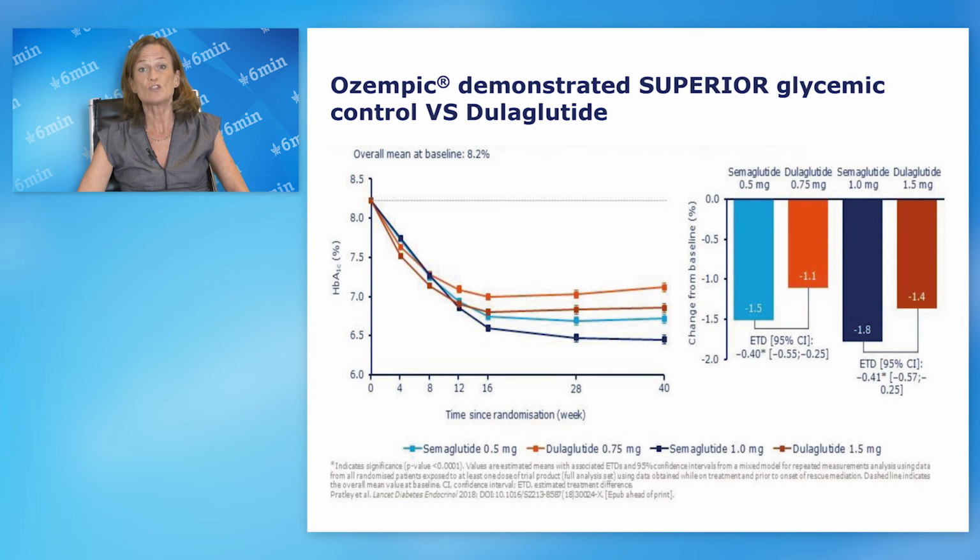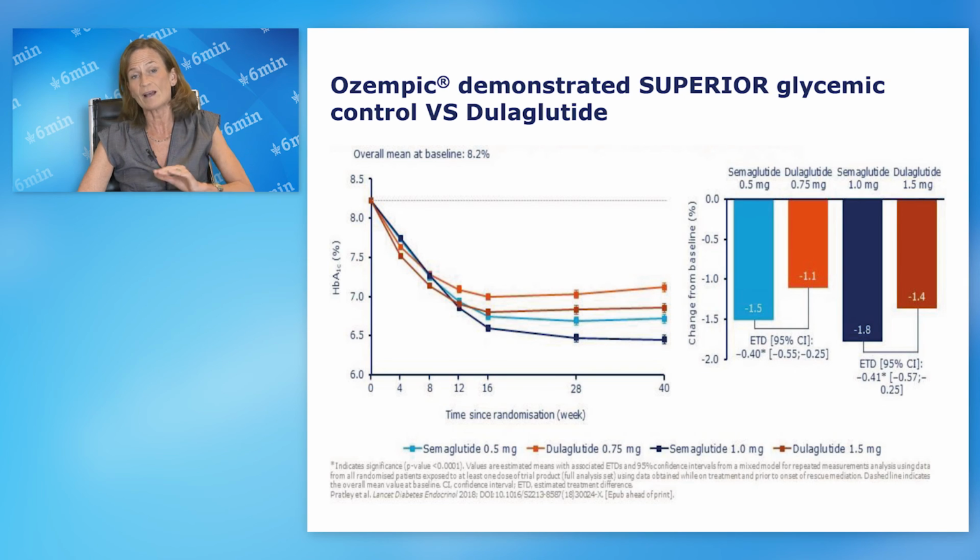Ozempic demonstrated SUPERIOR, and it's with capital letters because it was very superior, 1.8% reduction in HbA1c with semaglutide 1 milligram compared to 1.4% reduction with Trulicity 1.5 milligram. Also the two low doses, significant effect in favor of Ozempic versus Trulicity.